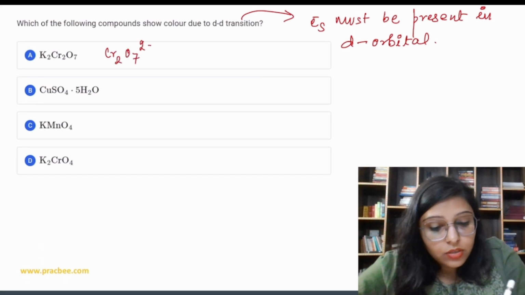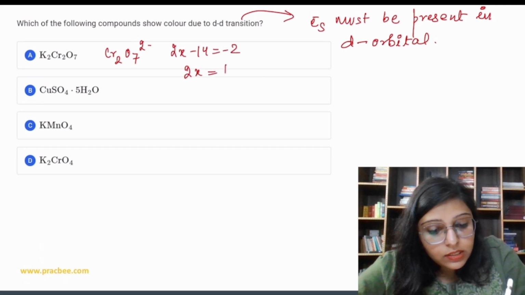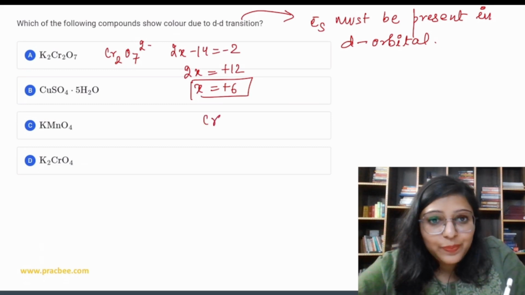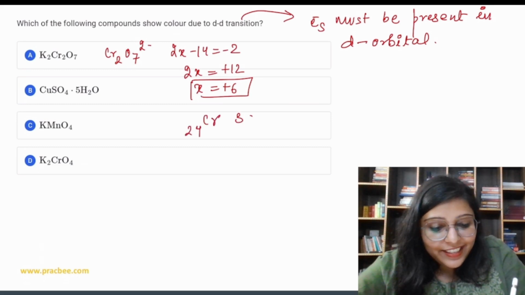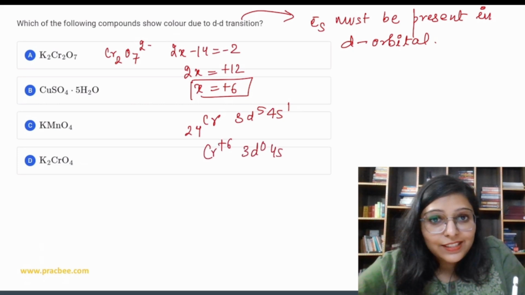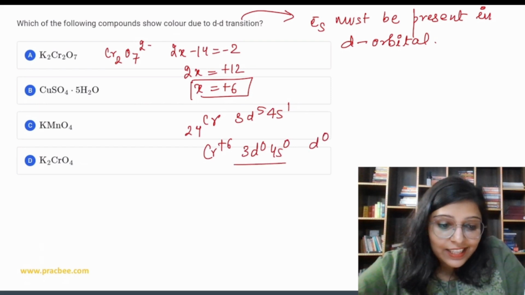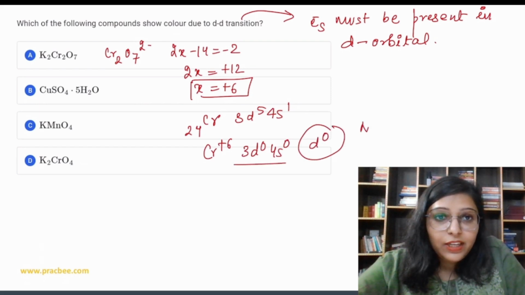If we write down the oxidation state, 2x minus 14 is equal to minus 2, so 2x is equal to plus 12 and x is equal to plus 6. Chromium is 24, 3d5 4s1. So chromium plus 6 is 3d0 4s0. So d is 0, which means no d-d transition.